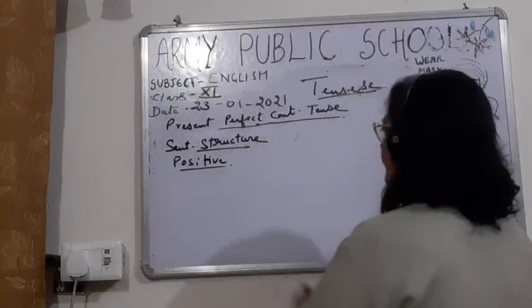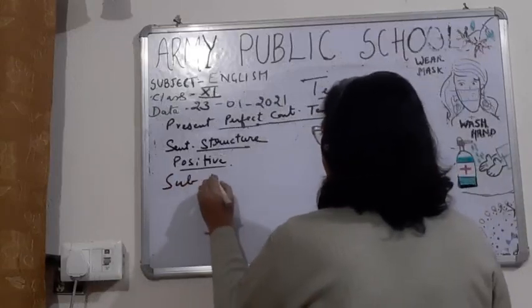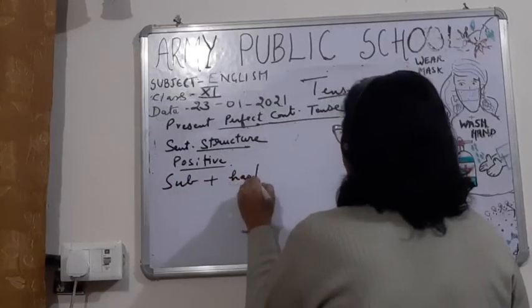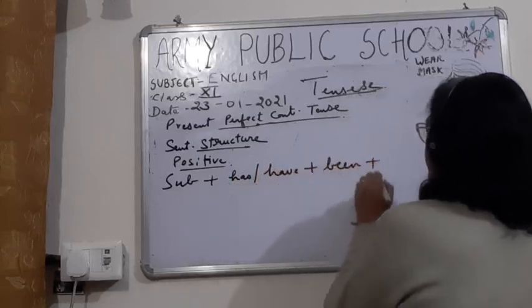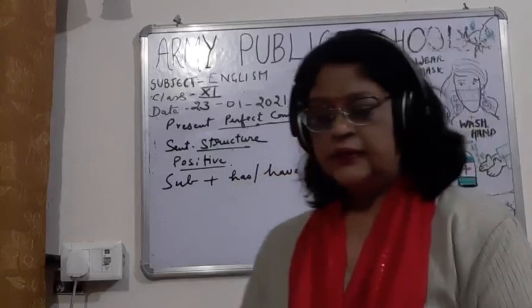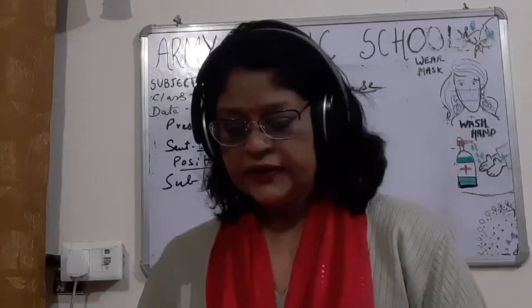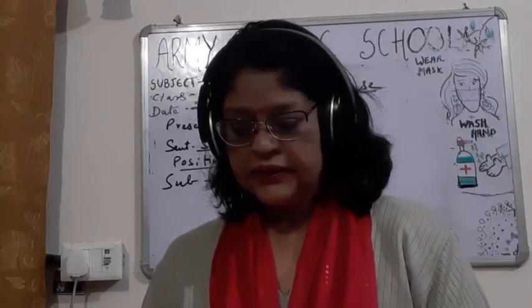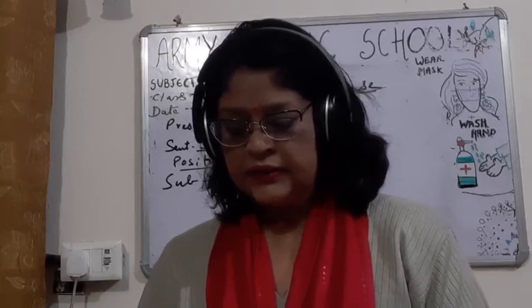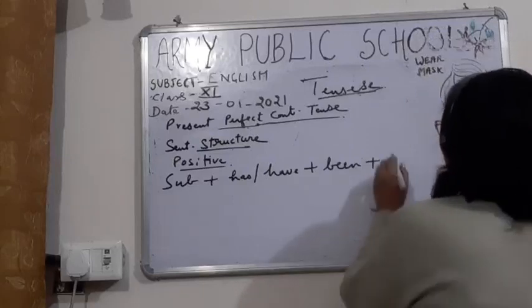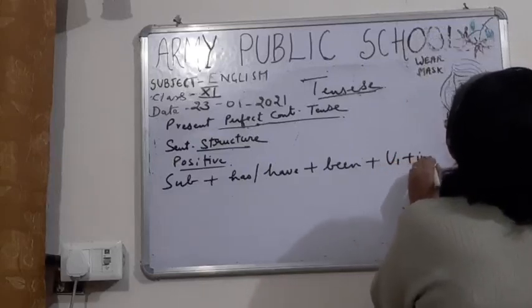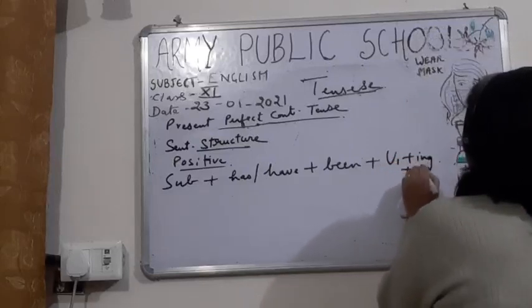So subject plus has or have plus been, then V1 plus ing plus object.